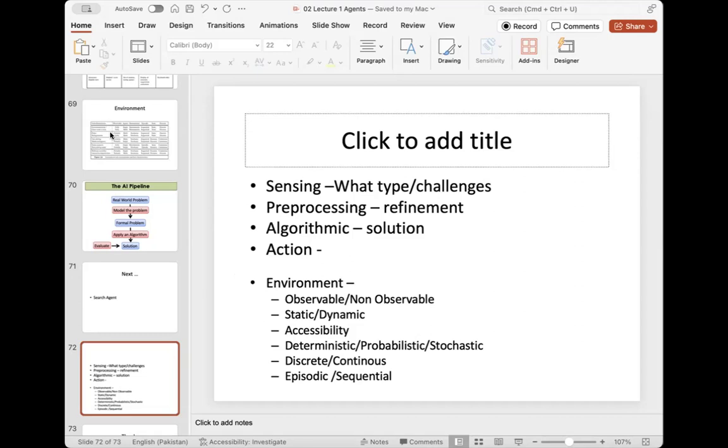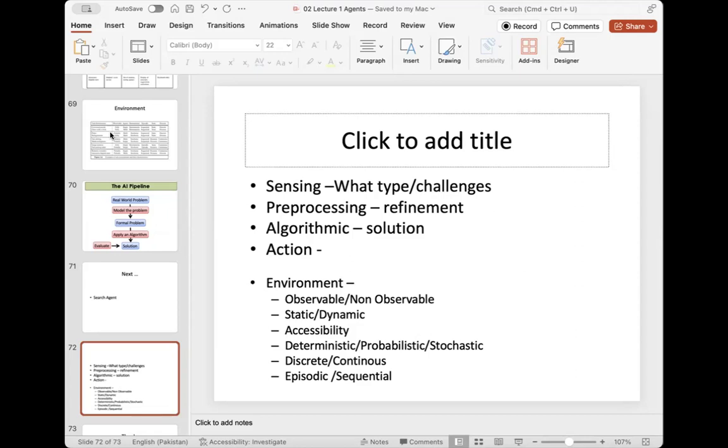So the difference between episodic and sequential in simple terms is that your second action is not dependent upon the first one. That is what episodic would mean. If the two are independent, then that's episodic. And if they are not independent, then that's sequential.